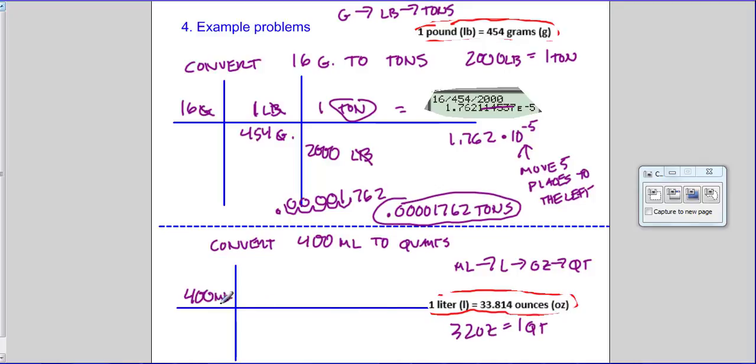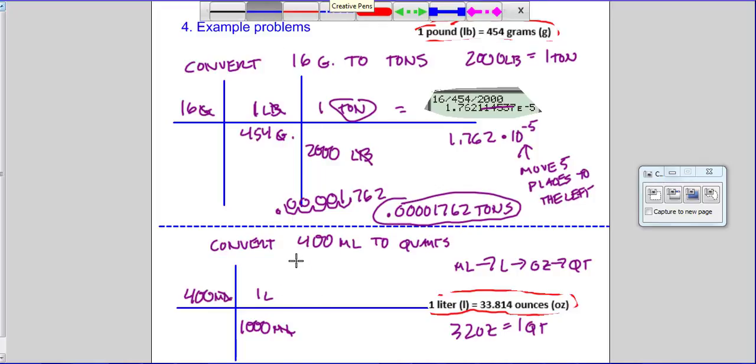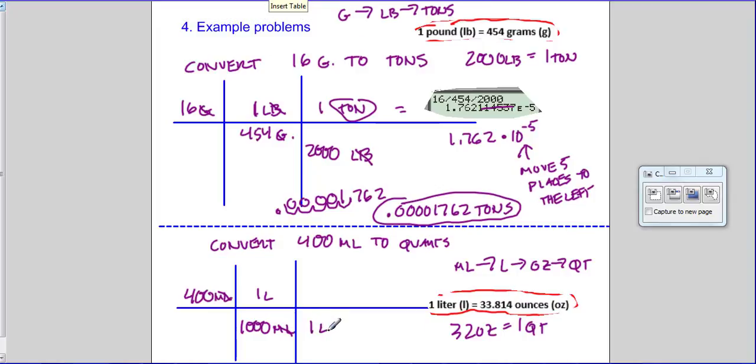So we'll start with 400 milliliters. To get rid of milliliters, I put milliliters down here. And I know that 1,000 milliliters is 1 liter. Okay, so now I've gotten rid of milliliters, I have liters, but I don't want liters. In the end, I want quarts. But I know for every 1 liter, this will get rid of liters now, that's 33.814 ounces.